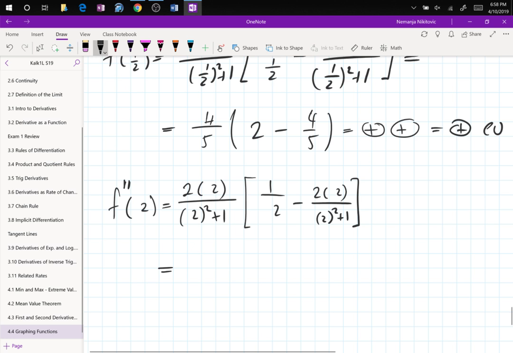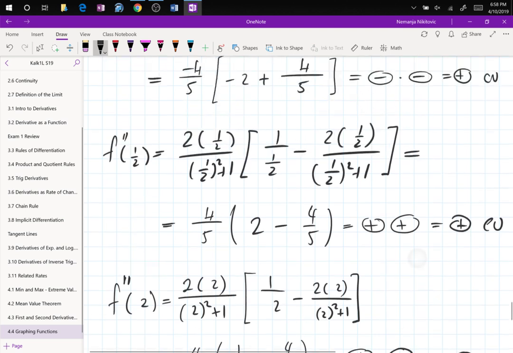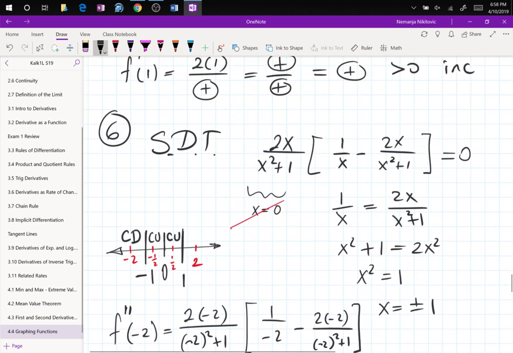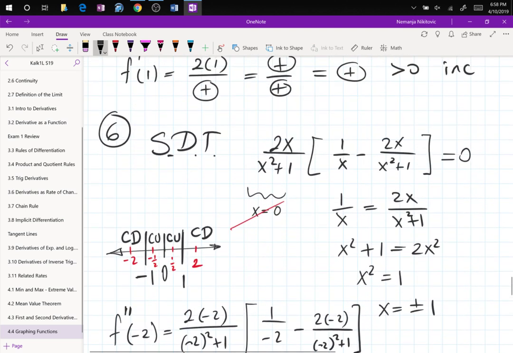That's going to be a 4 over 5 parenthesis 1/2 minus 4/5. So that's a positive times a negative equals a negative, and that's a concave down. Spicy, huh?